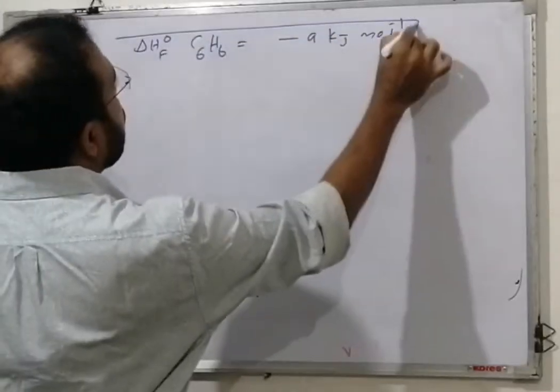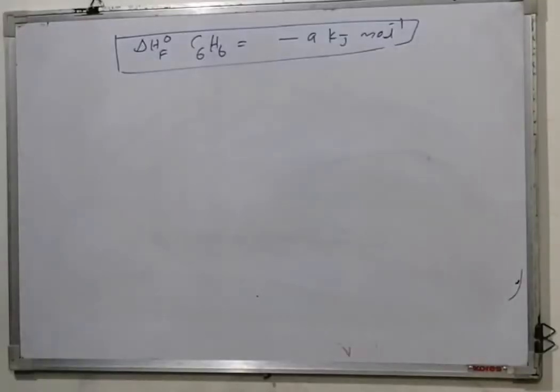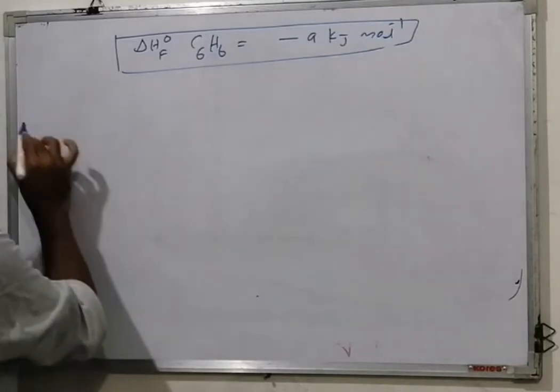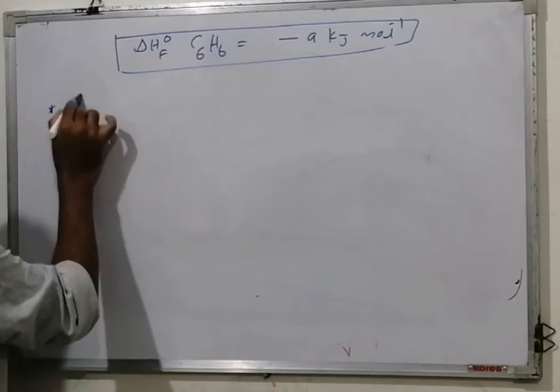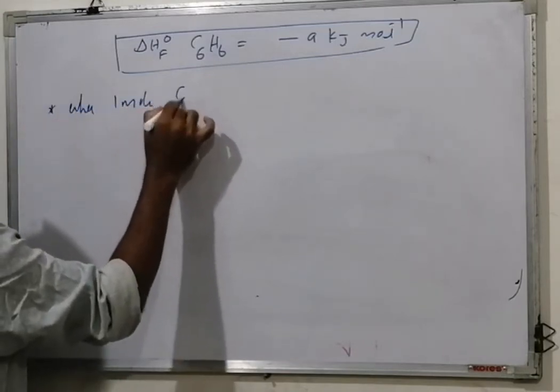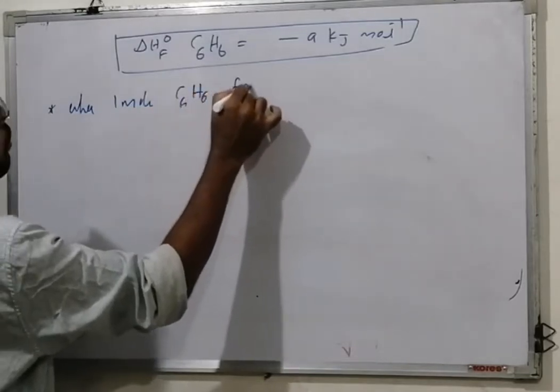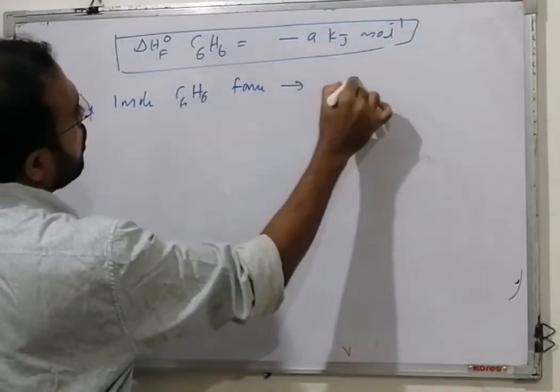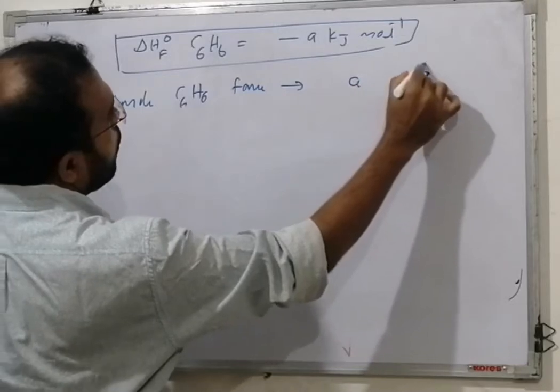What is the meaning of this information? One information is when 1 mole of benzene is formed, this much heat is liberated.